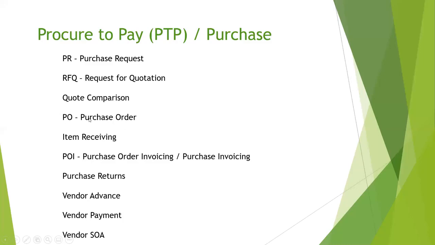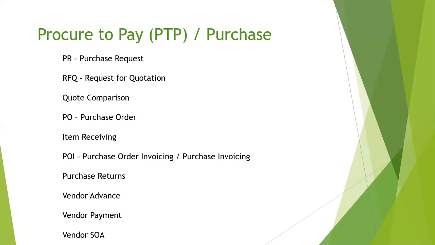Once the purchase order is created and sent to the supplier, he will revert back to us with the material. He will send the material to our site or warehouse where we have requested the receiving of the items. So now item receiving will be done in the store or in the warehouse. The vendor comes with the required material as per the PO and delivers it to our site.